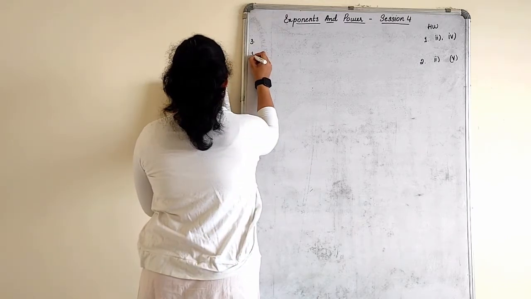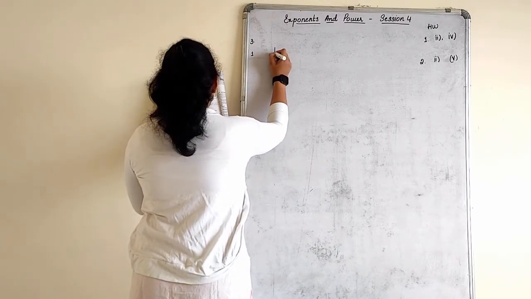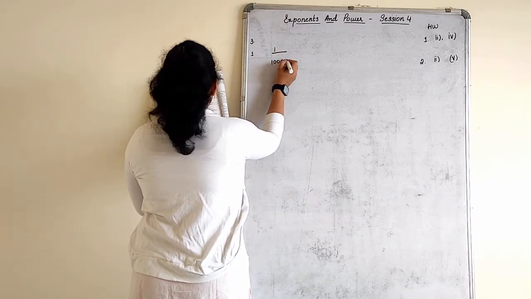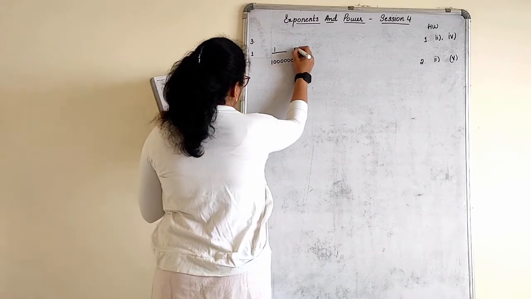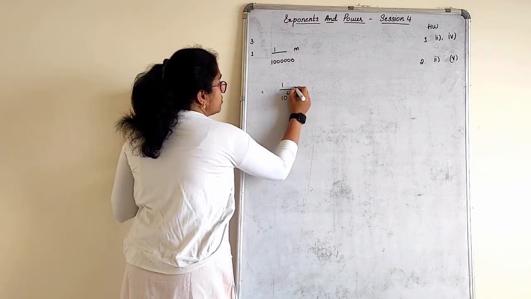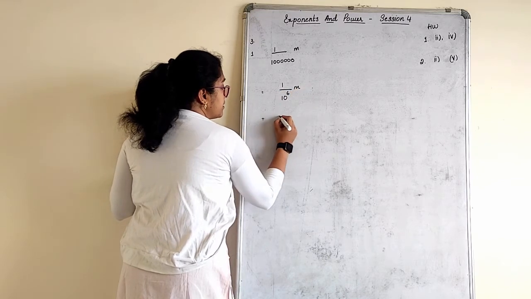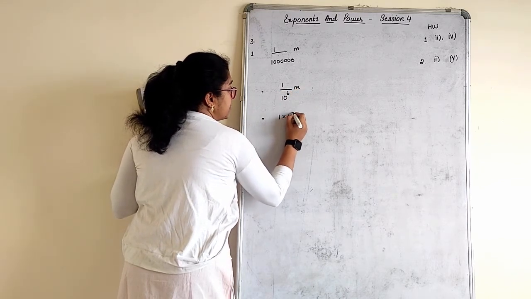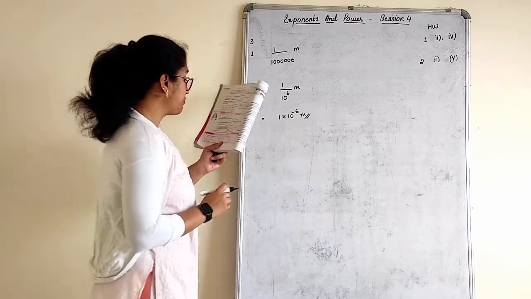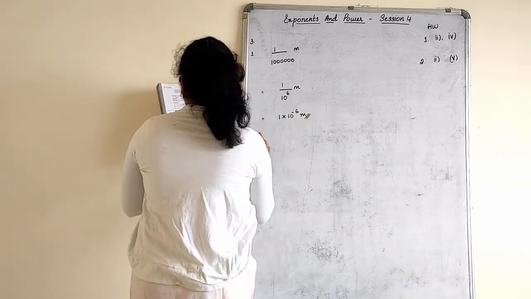First one. 1 micron is equal to 10 raised to minus 6 meter. This is written as 1 upon 10 raised to 6 meter. This is nothing but 1 into 10 raised to minus 6 meter. Standard form. Okay. Next one.